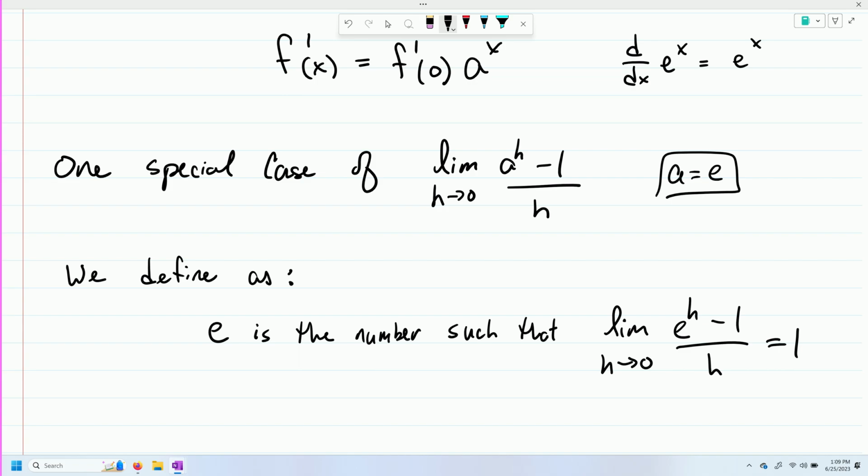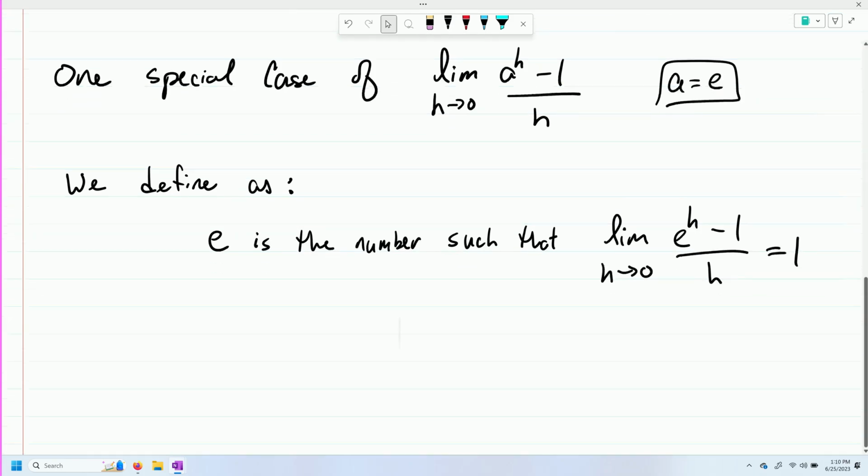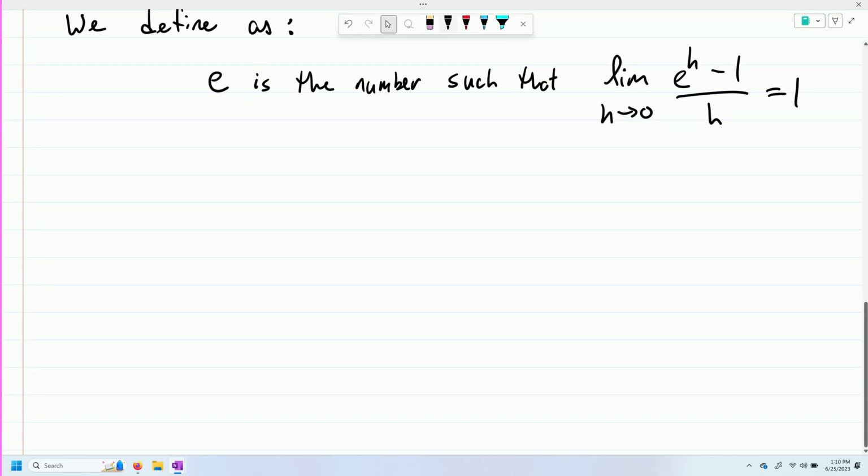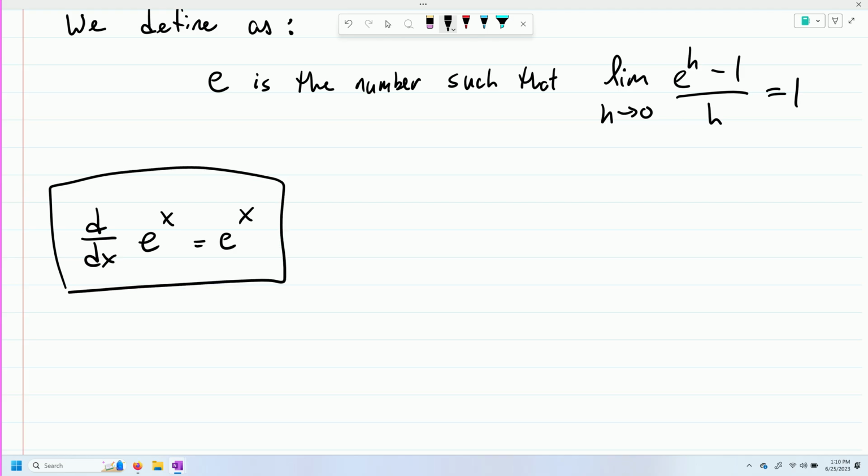And that is why the derivative of e^x equals just e^x, okay?